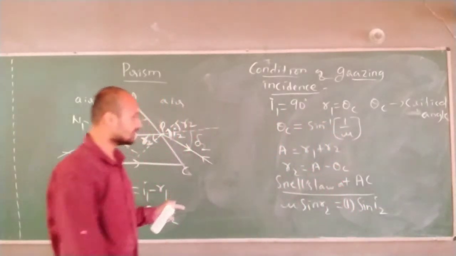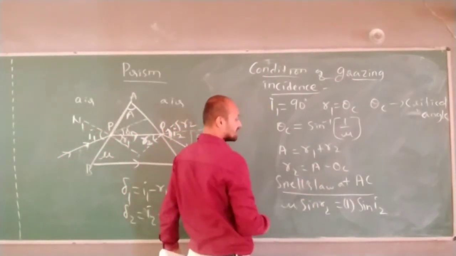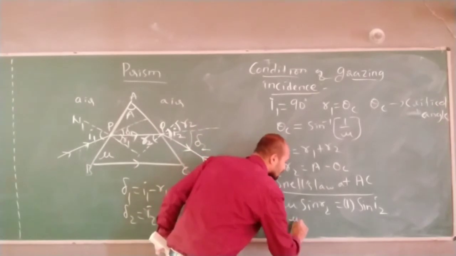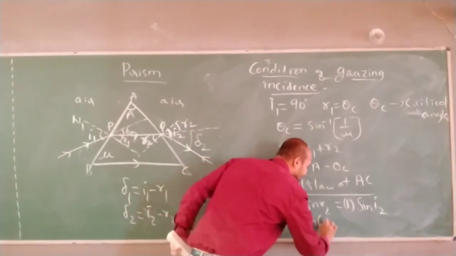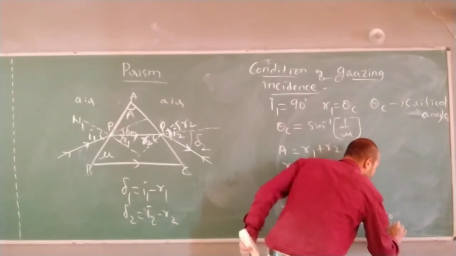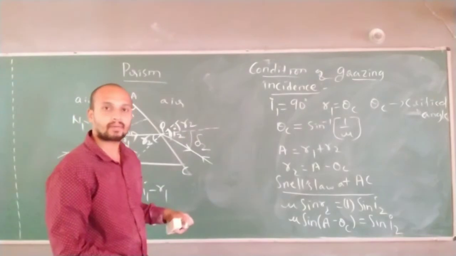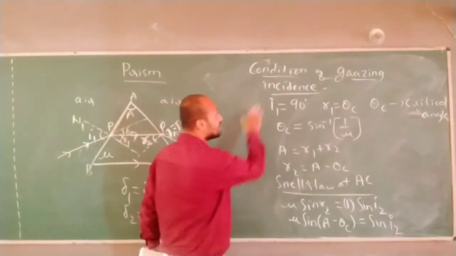What is R2? A minus theta C. So mu into sine of (A minus theta C) will be equal to sine of I2. Got it?